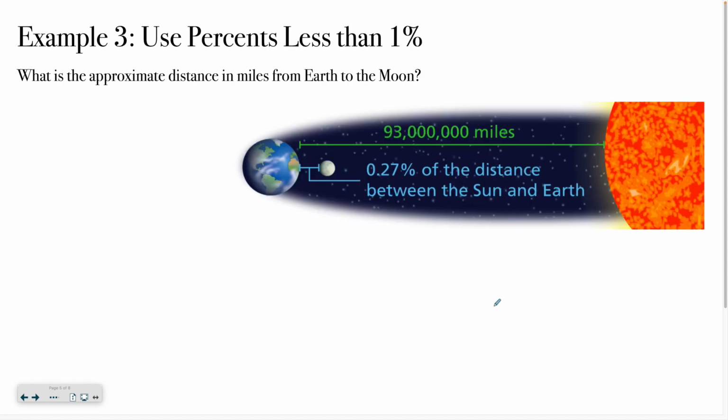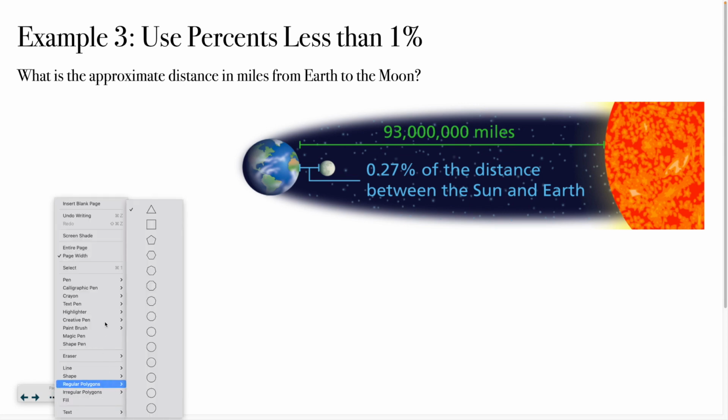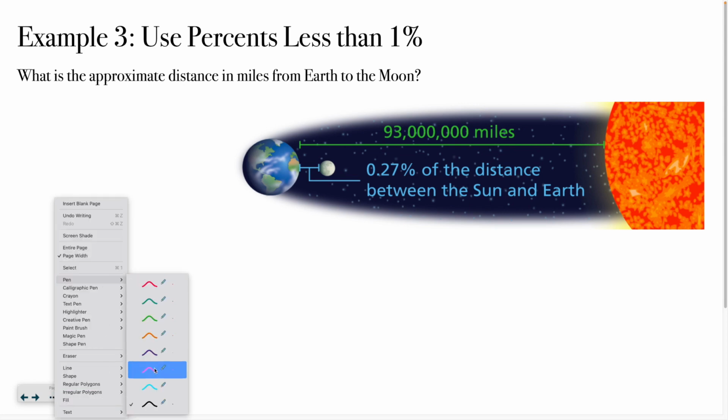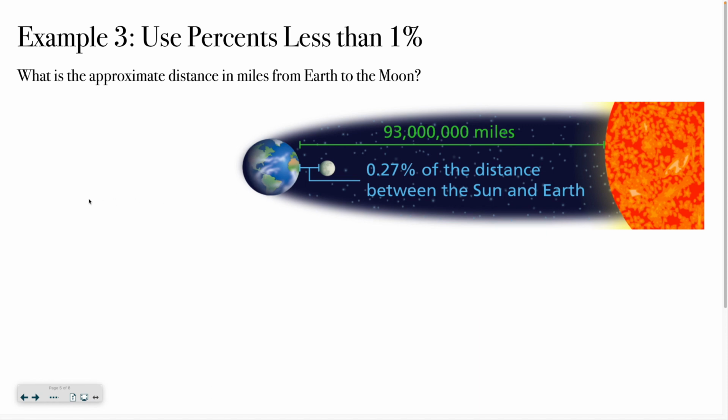And now we're going to work with roughly the same thing where we have percents that are less than 1, and we want to be able to approximate distances in miles from the Earth to the Moon. Okay, so you can see that the Earth to the Moon, that's this right here, is 0.27% of the entire distance between the Sun and the Earth. So our Sun is represented with that 93 million miles.